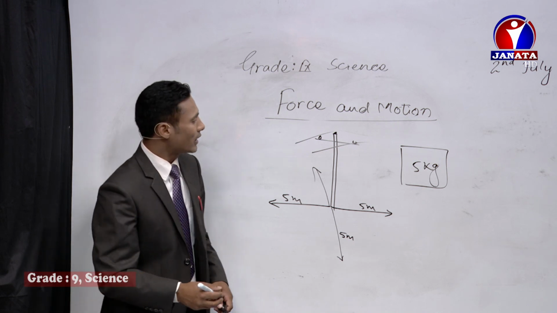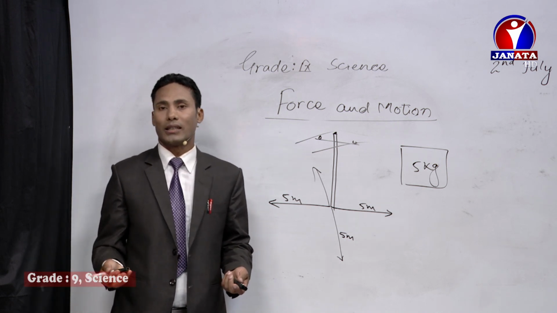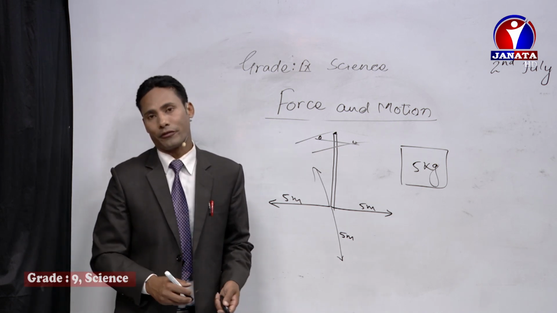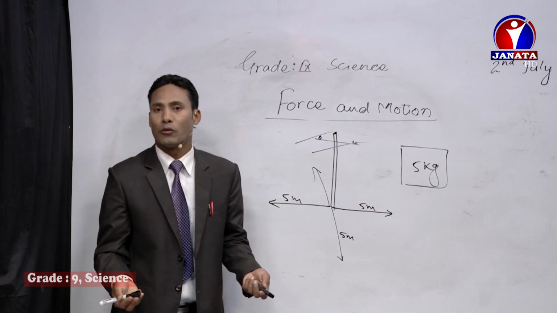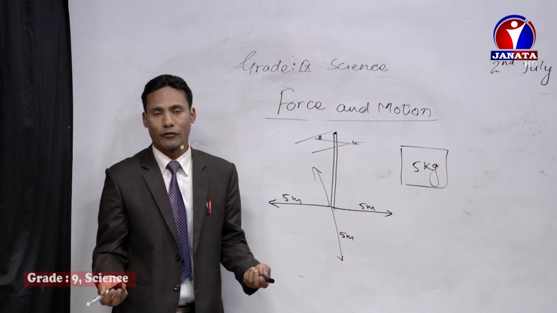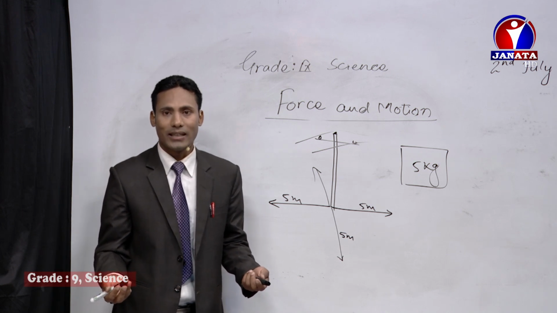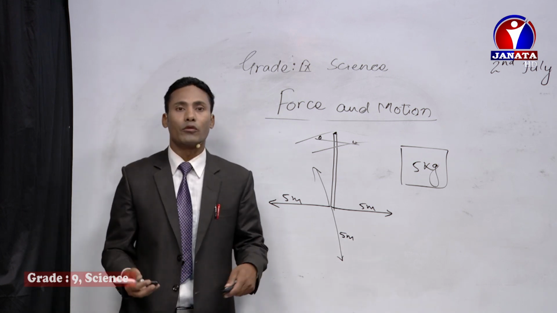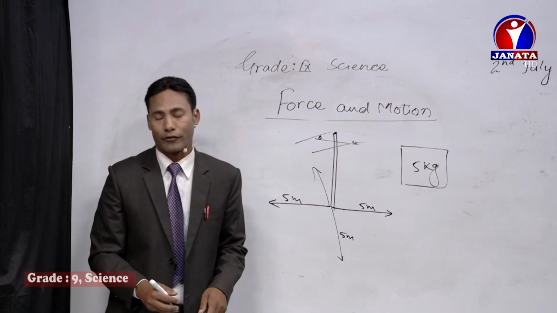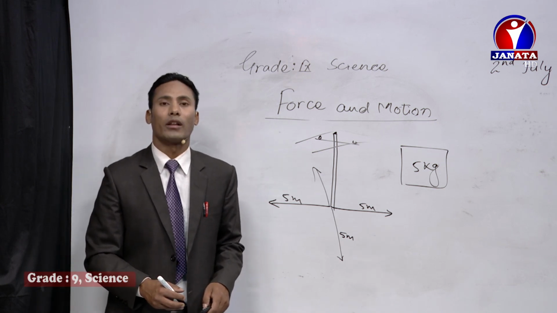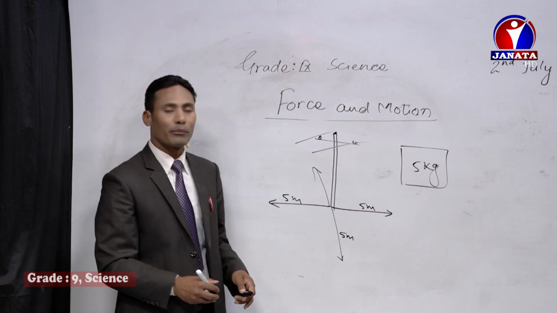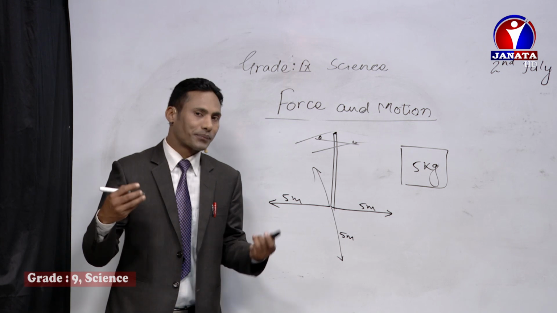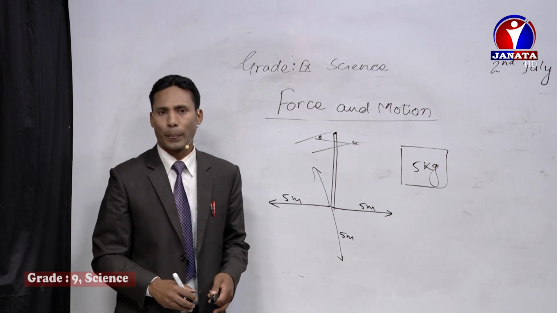And similarly, for some physical quantities, only the magnitude is enough for explaining them. For example, just previously I said 70 kg weight, that is enough for explaining the mass, right? That means those quantities for which only the magnitude is enough for explaining are called scalar quantities. For example, a scalar quantity example is distance, right?